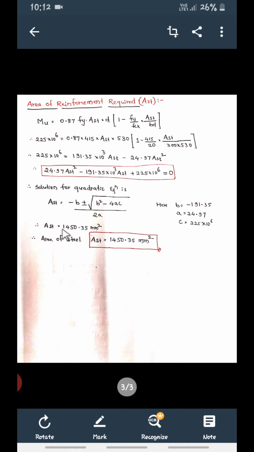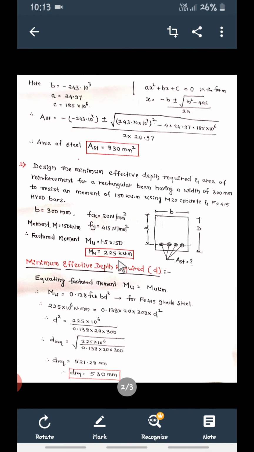One is a positive value, another is a negative Ast. Ast will not be negative, so there is no question of considering that. So the positive value of reinforcement is 1450.35 mm square. So this is the area of steel reinforcement required.